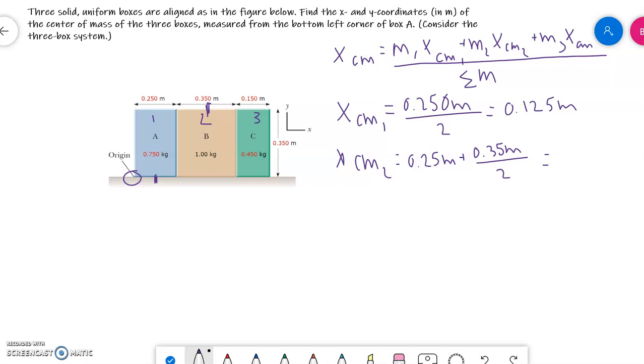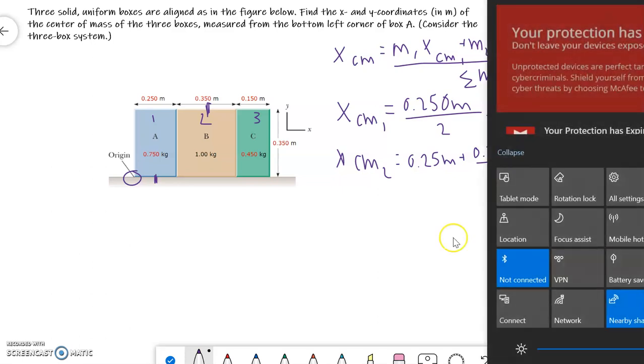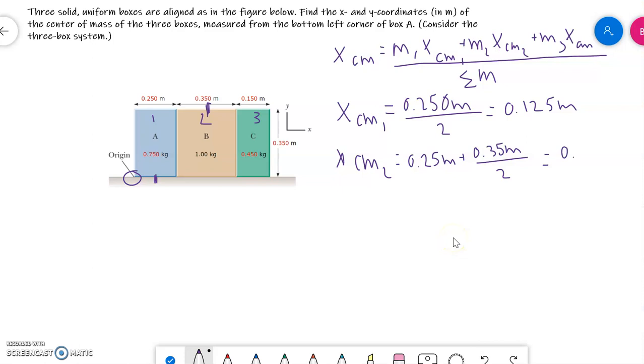The center of mass for the x-coordinate of block 2 is at 0.425 meters. We do the same for block 3.